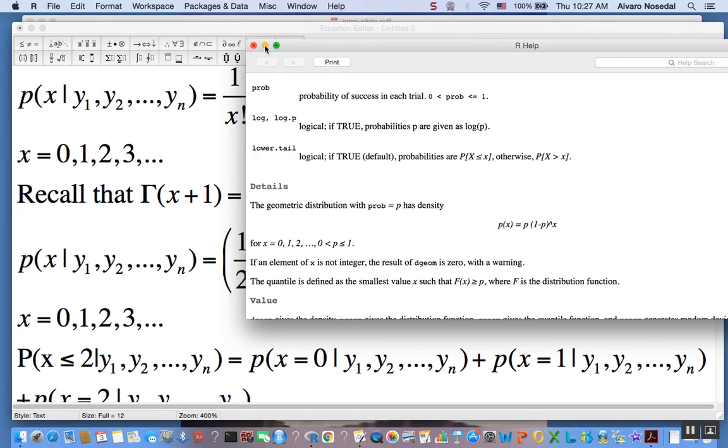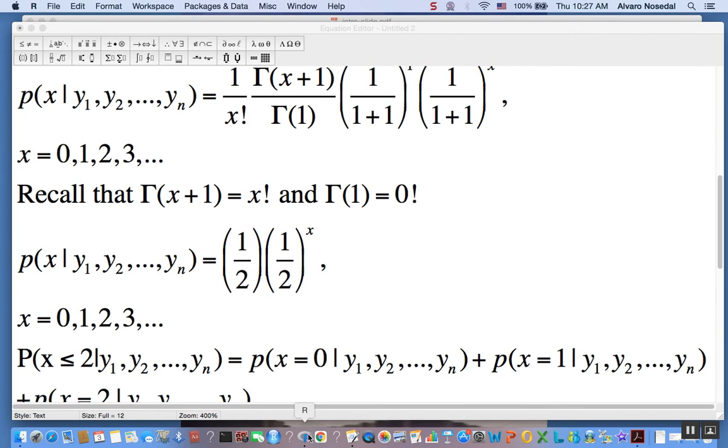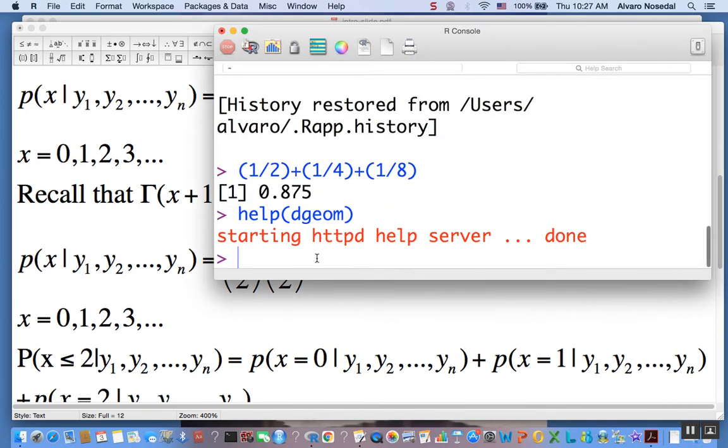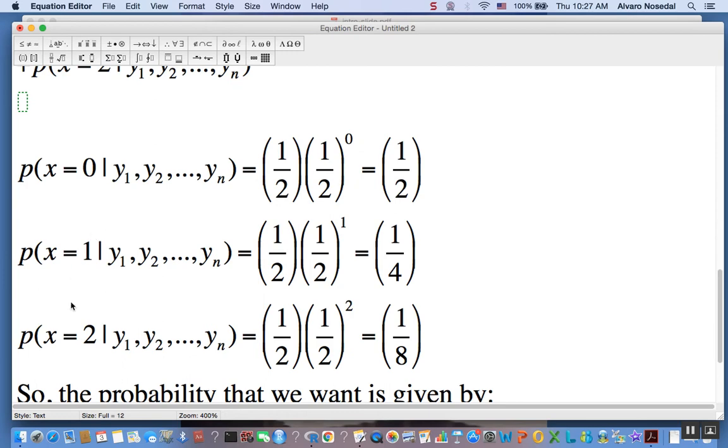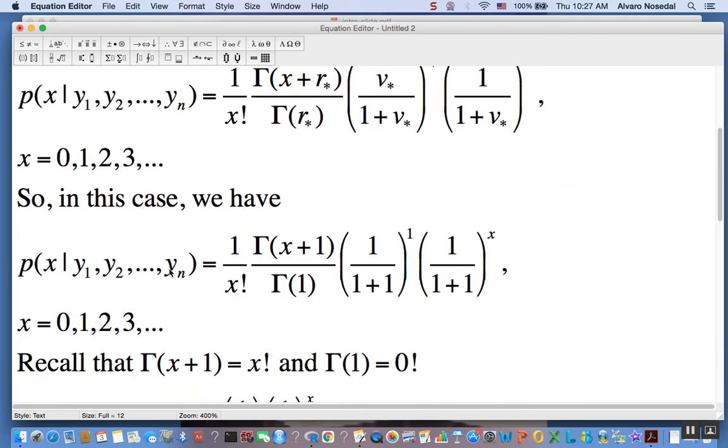Okay? So now let's try and use R to come up with the answer for our problem, right? Now we realize that the posterior predictive distribution in this case has a geometric distribution. So if we want to find the probability that x is less than or equal to 2, we want to find the probability that a geometric random variable is less than or equal to 2.